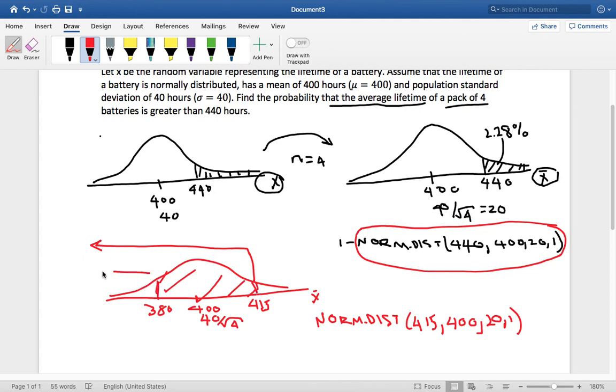So I would have to subtract this area in here going back here. So I'm going to subtract from that norm.dist and I'm going to put 380. So 380 is just this figure in here. 400, 20, 1. And you just pop over to Excel and do that.